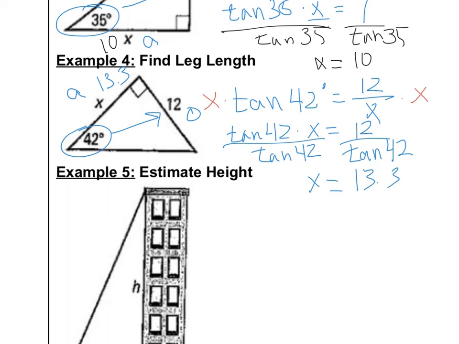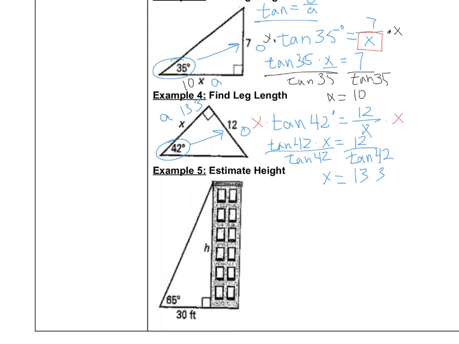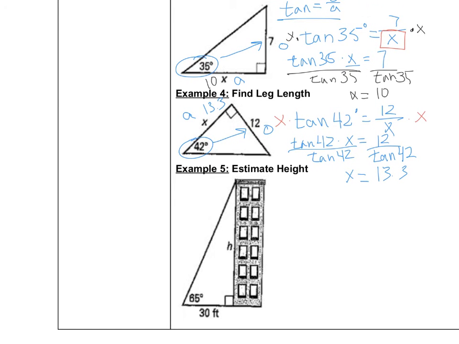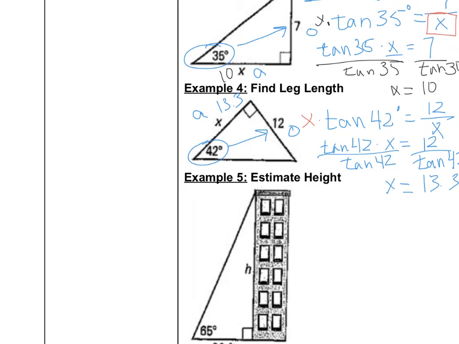Now, I want to show you a little trick just to extend off of example 4. We're just going to work this out to the side here a little bit. You're given two angles in the triangle, right? Could you figure out what this third one is? Sure you could.